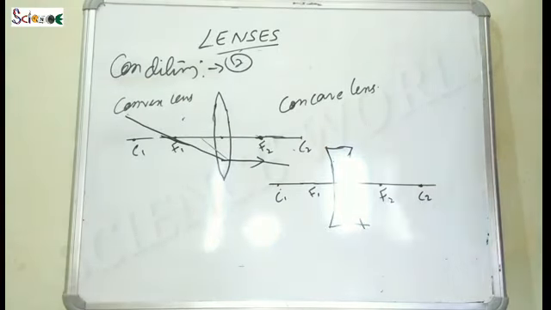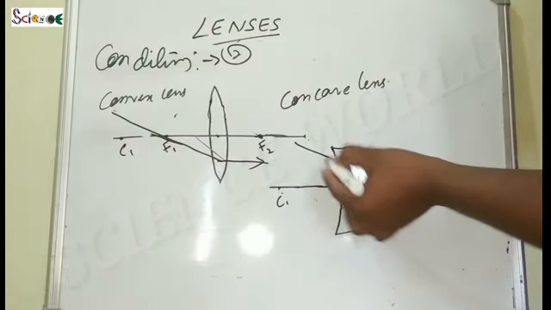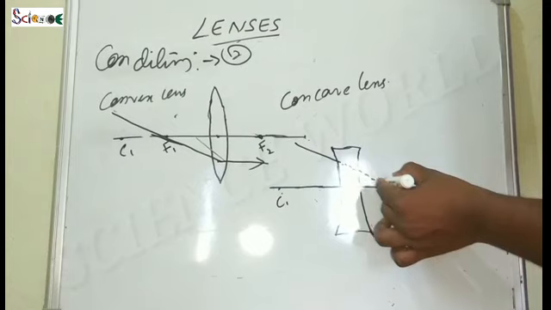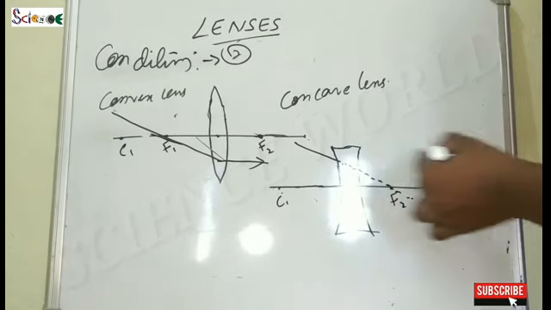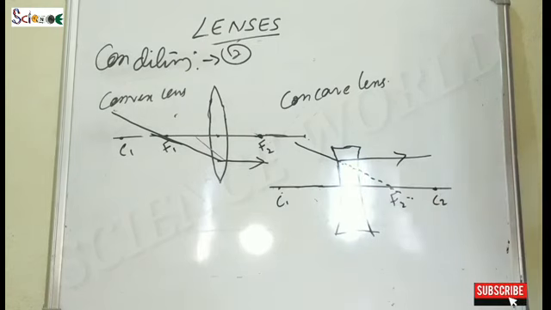That's in the convex lens. In the concave lens, the incident ray is incident in such a way that its imaginary ray passes through the focus, and after refraction, that ray becomes parallel to the principal axis.